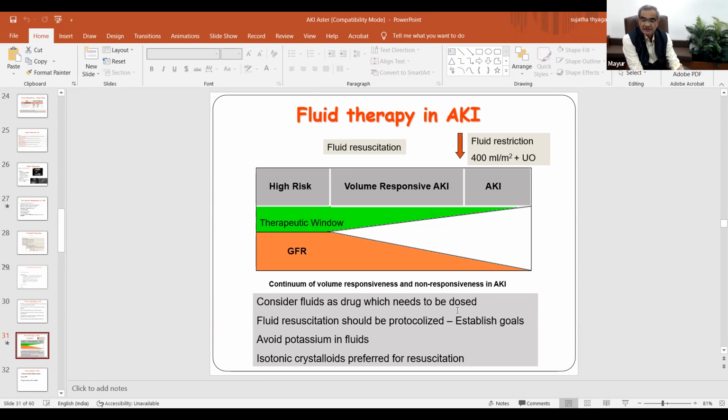For example, children with nephrotic syndrome in shock. But generally speaking, we tend to use crystalloids, except in this low albumin status. Avoid potassium in fluids till you get electrolyte reports, because it's easy to correct hypokalemia than hyperkalemia in a child who is already in renal failure.